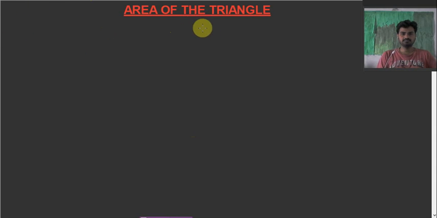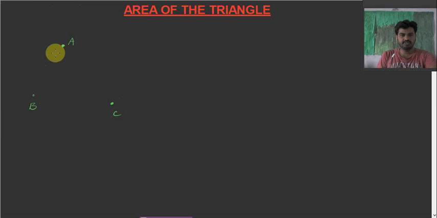Consider a triangle ABC. First I am going to take 3 points in a plane. Suppose this one is A, this one B, this one is C. Now joining these 3 points, we get a triangle named ABC.